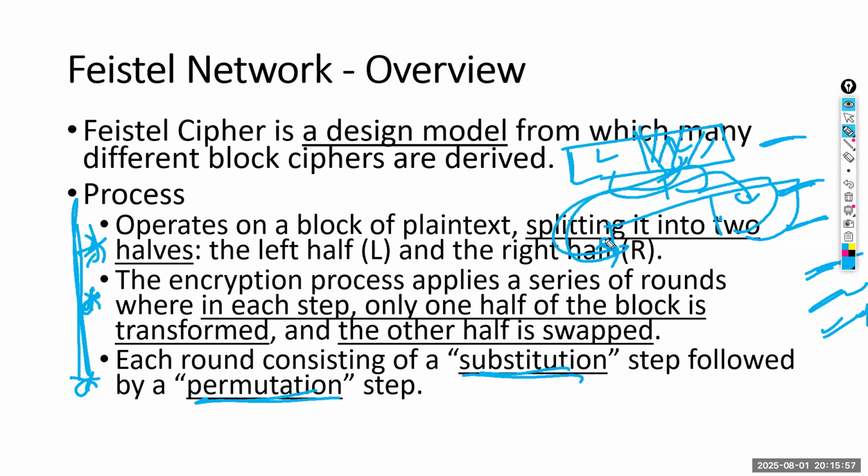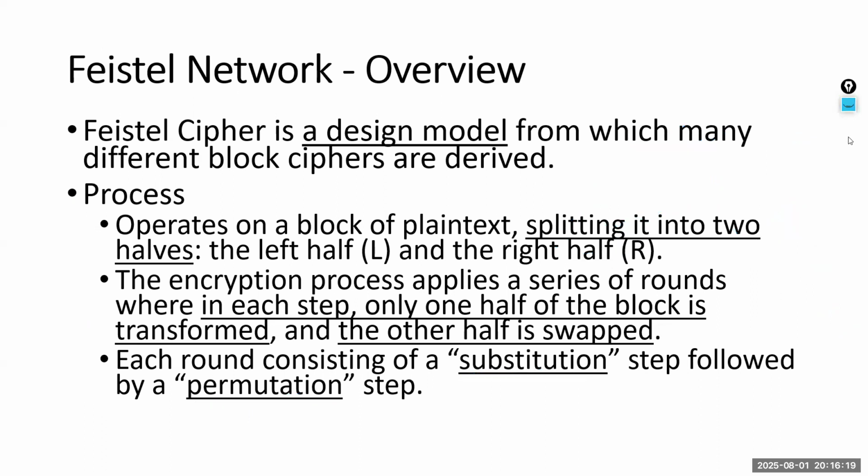Only one half is encrypted, the other half is copied in one step. Of course, in the next round, the non-processed half is now getting encrypted. So therefore, at the end, everything is encrypted. But at a particular round, only one half is encrypted, the other half is just copied. And we use both substitution and permutation.